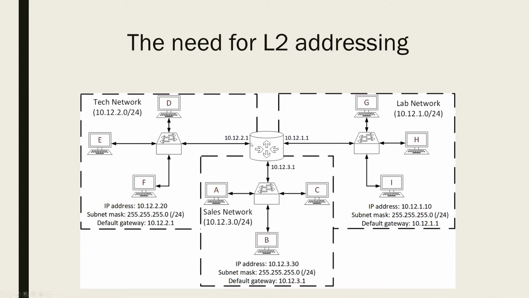In this case, it's a router, which will have the ability to look at the layer 3 information and move between different scopes, so between a layer 2 network and another layer 2 network. We'll get onto what that actually means a little bit later, but just to give you that concept, this tech network would be one layer 2 domain. This sales network would be another layer 2 domain, and then this lab network would be another layer 2 domain.